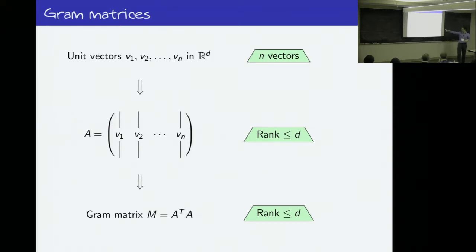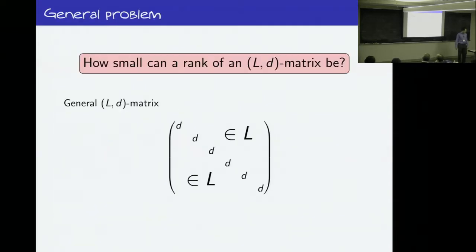So this matrix, because it's an n by d matrix, has a rank at most d. Its height is just d, and so the Gram matrix has a rank at most d, and this is how the dimension appears in this matrix, and the size of the matrix will be the number of elements. So really, what we're getting is a problem of the following general shape.